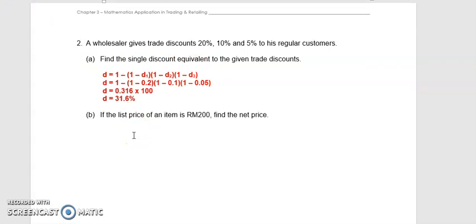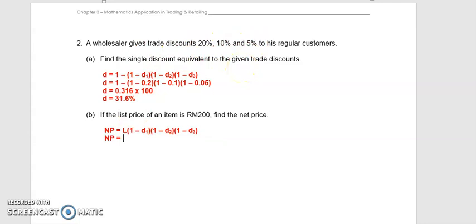Okay, now let's look at question B. If the list price of an item is 200 ringgit, find the net price. Okay, now I show you using the previous formula. So we know that net price equals list price multiplied by 1 minus D1, multiplied by 1 minus D2, multiplied by 1 minus D3, because we have 3 discounts here.